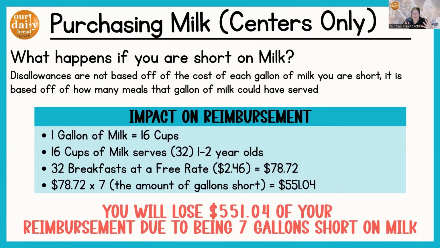So if we take a look at it, 16 cups of milk serves those 32 1 to 2-year-olds, and 32 breakfasts at a free rate, because again, we want to see maximum impact, is $78. So that's $78 per gallon. So if you're short 7 gallons, that's $551 that you are losing out of your reimbursement because you were 7 gallons short on milk.